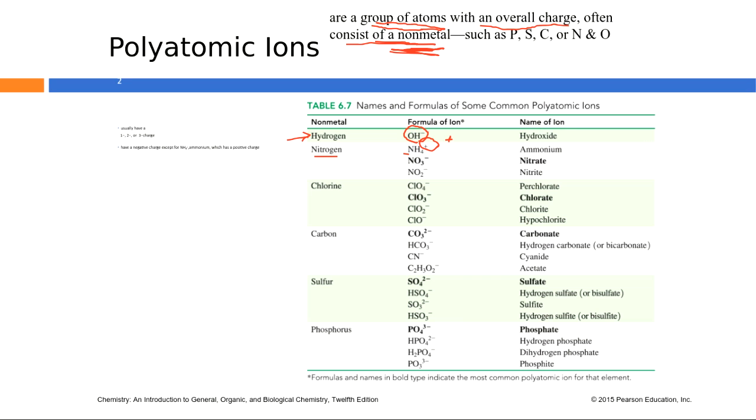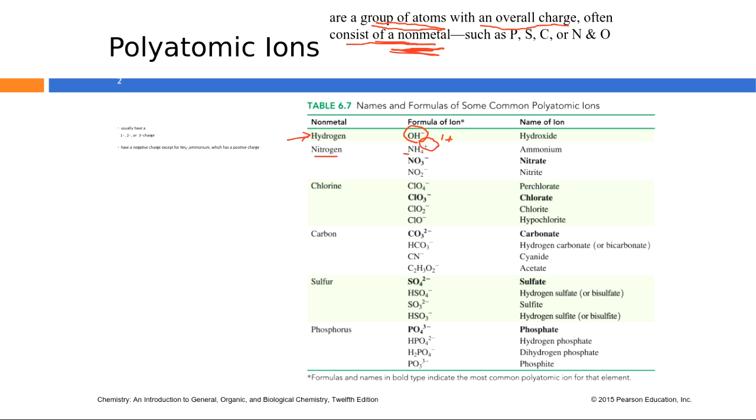If you take a look at the charges of the polyatomic ions in this table, you will notice that all of them are negatively charged except ammonium. So ammonium as a polyatomic ion is an exception because it has an overall charge of 1 plus.